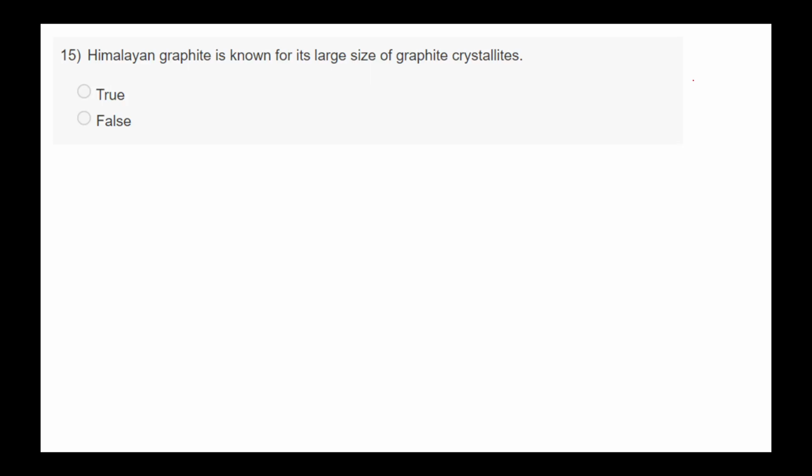Himalayan graphite is known for its large size of graphite crystallites. True or false? It is true, sir. Yes.